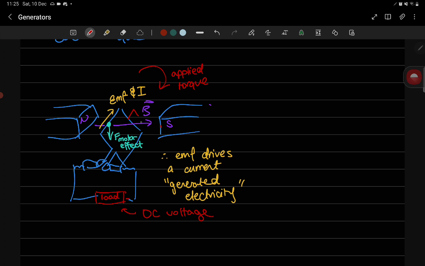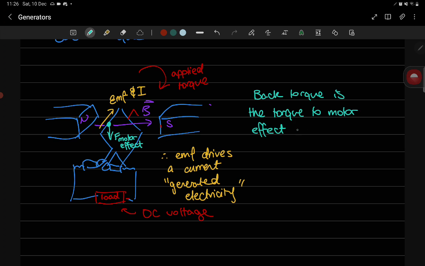And that torque produced by this motor effect within a generator, that is what we call back torque. Back torque is the torque due to motor effect on your generated current inside the generator.